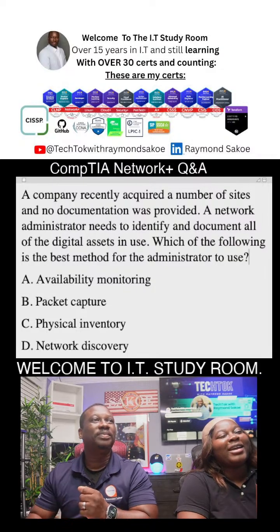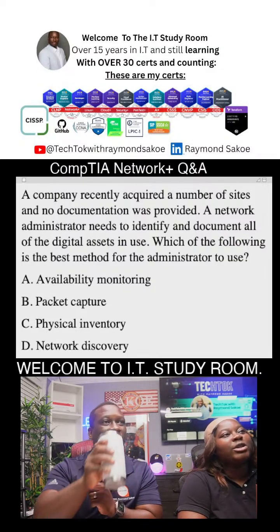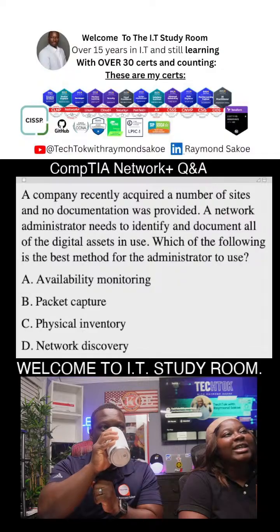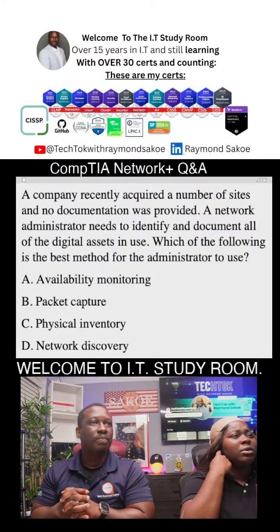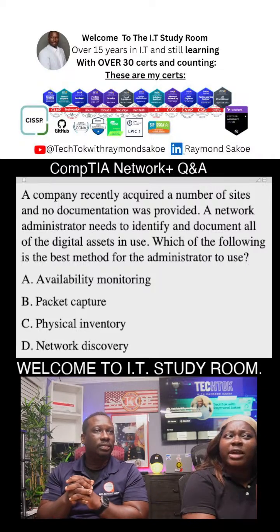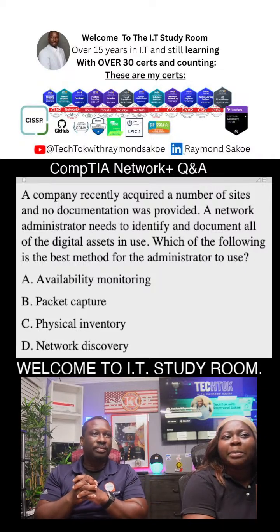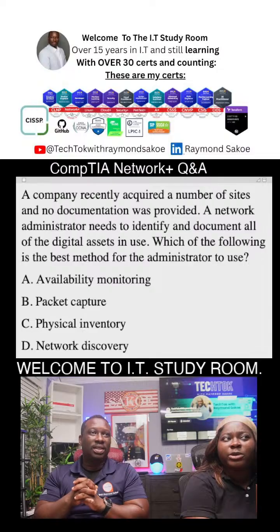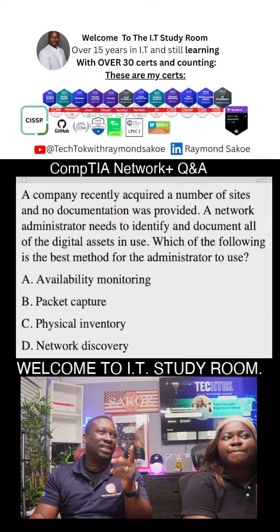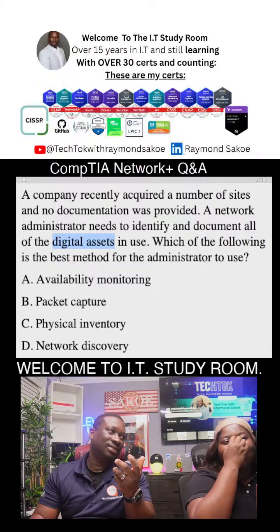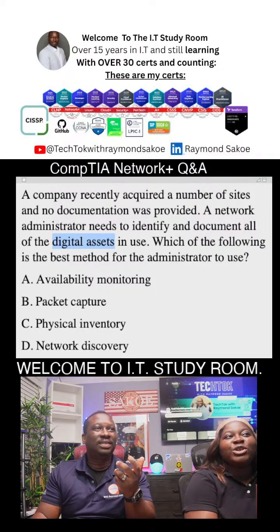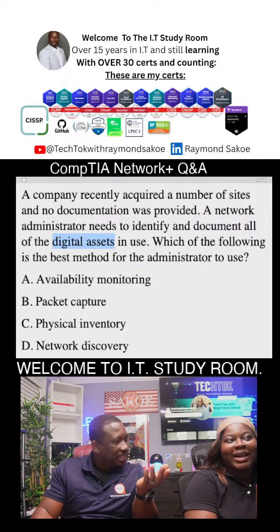William is back. Miss NMA says, I did this in a previous job, and the first thing we did was physical inventory. That's insightful, actually. Does this question depend on the job that the person holds? I think that's what someone mentioned. The question is saying a digital asset. If it's digital, you can't physically go in there and do it.